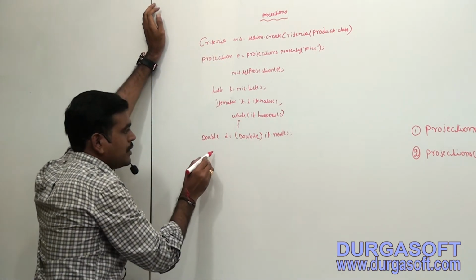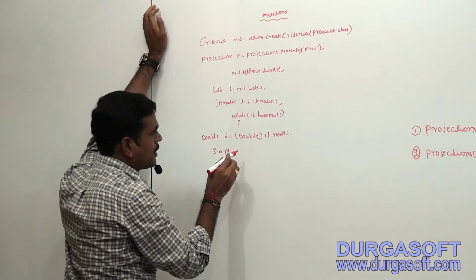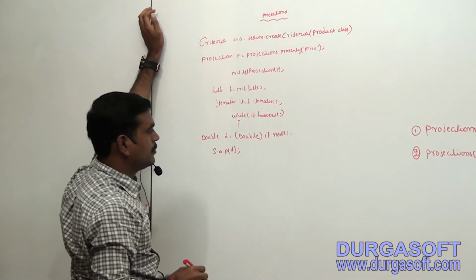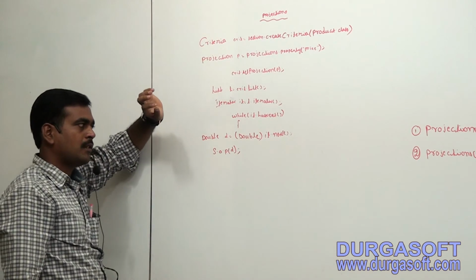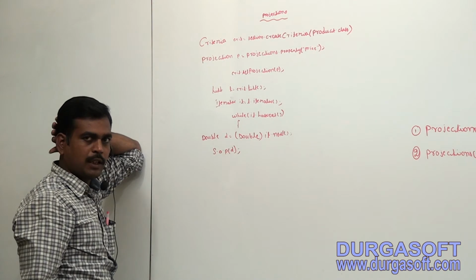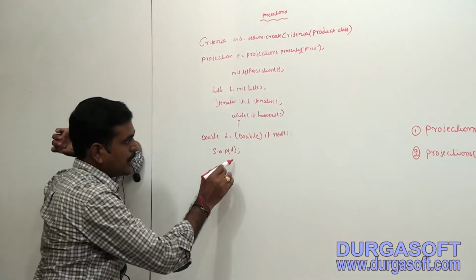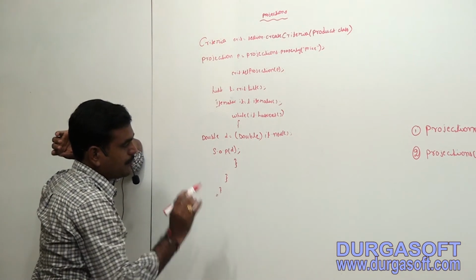The next, System dot out dot println D. If we want to get the primitive, then just we can take D dot doubleValue. Then we will get the primitive type. Then close the main method, close the class.